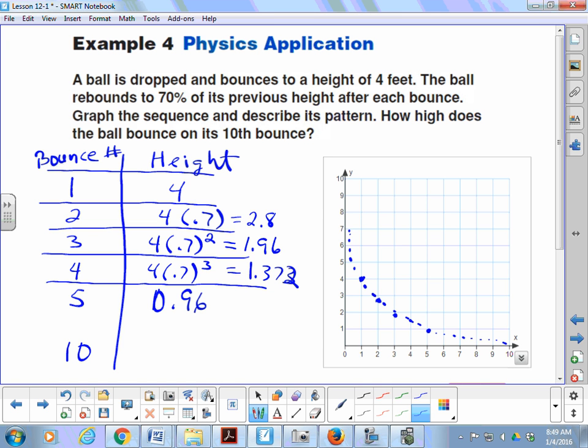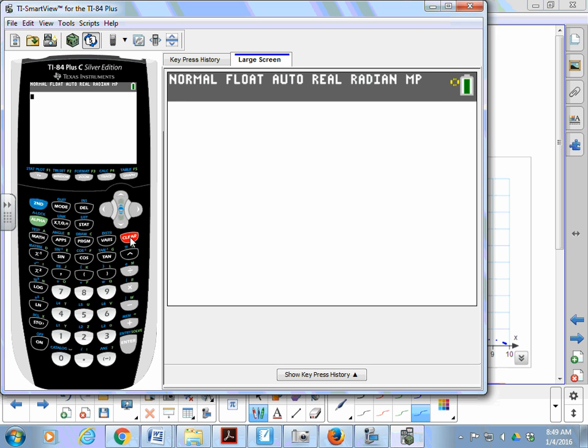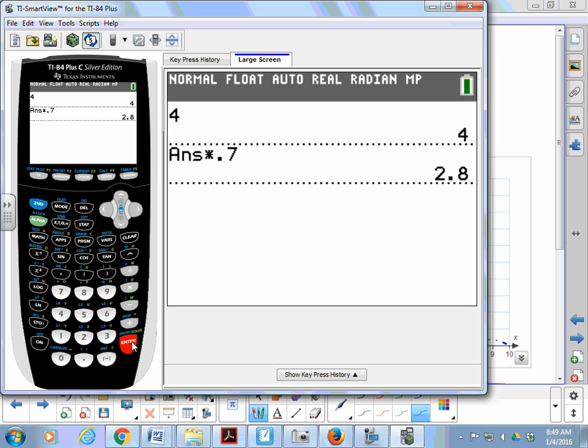So the question is then how high does the ball bounce on its 10th bounce? To do that, we could do 4 times 0.7 to the 9th power. Or we could just keep multiplying by 0.7. So we could use our last answer, put in 4, and then times 0.7, and then keep hitting enter.